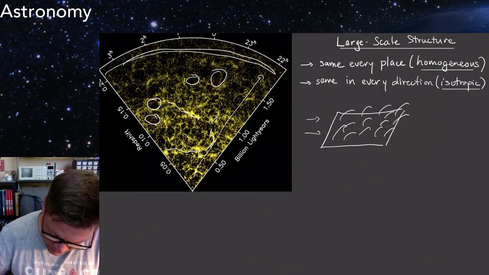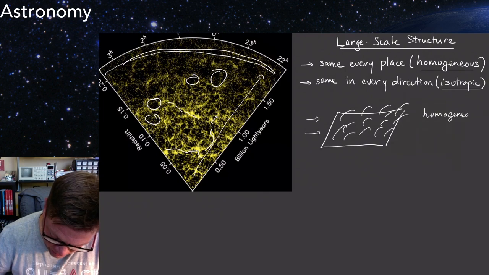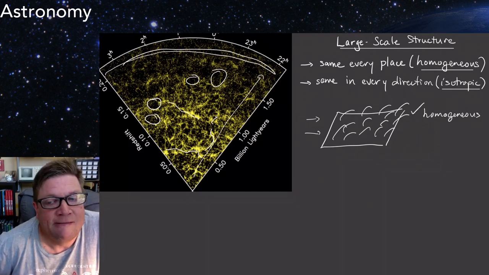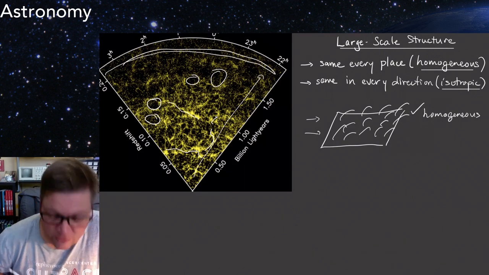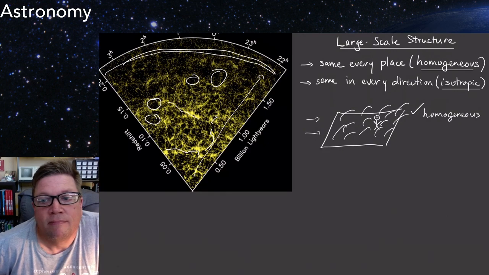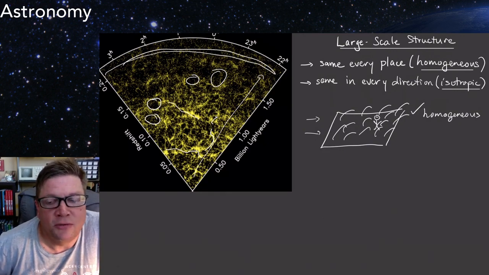So this looks homogeneous. Yes. But is it isotropic? Here's the distinction. If I were in the middle of this field, would the field look the same in every direction?